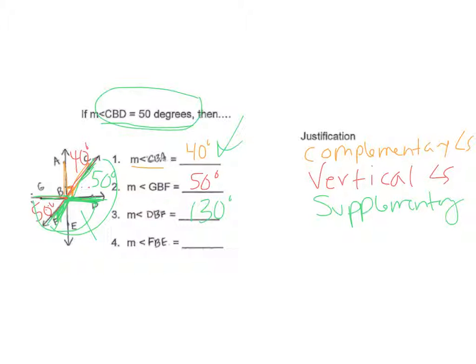So this has to be 130. So I write it in. And then the last one, what's the measure of angle FBE? This is getting really messy. FBE. So FBE is vertical with CBA. So this is 40 degrees by vertical angles.